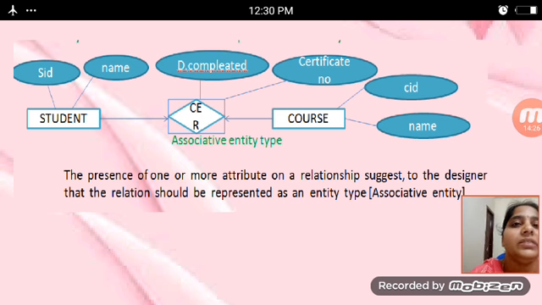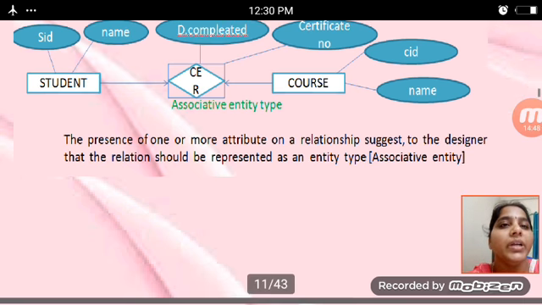The student has an associative entity with completed and certificate number, and the course has an ID and name. That is represented as an entity type, which is the associative entity.